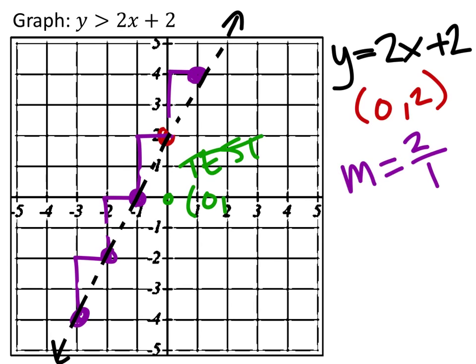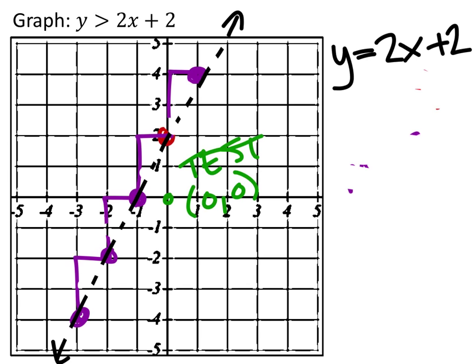Test (0, 0). So again, we go back to the original inequality. Instead of that being equal now, it's greater than. And we have a y value that is 0, and also an x value that is 0, which is really just going to cancel out that term right there.